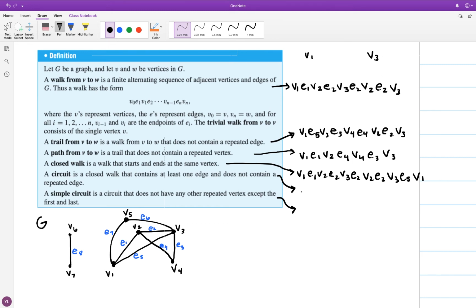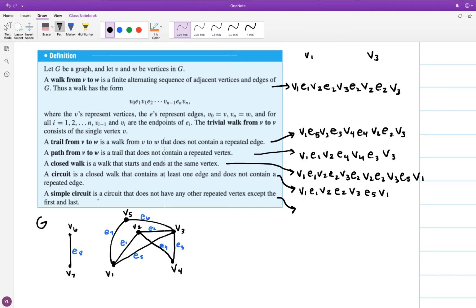So let's just make a circuit from V1 back to V1. Okay, so this is a closed walk starting and ending at V1, but unlike the previous closed walk, this does not repeat any edges. So there you go, that's a circuit.